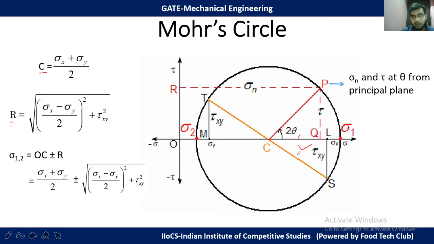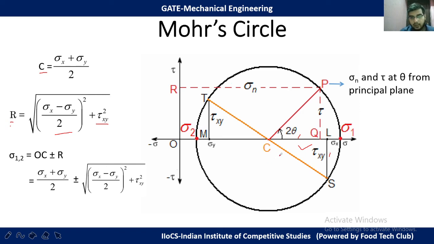CL is equal to sigma x minus sigma y by 2, this value is sigma x, and this other side is tau xy square. Okay, that we know.